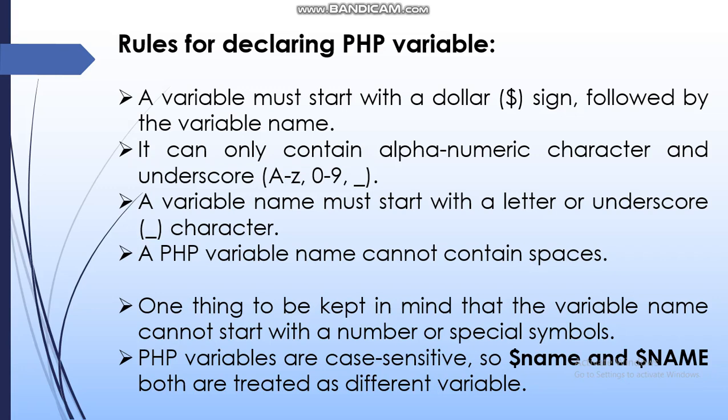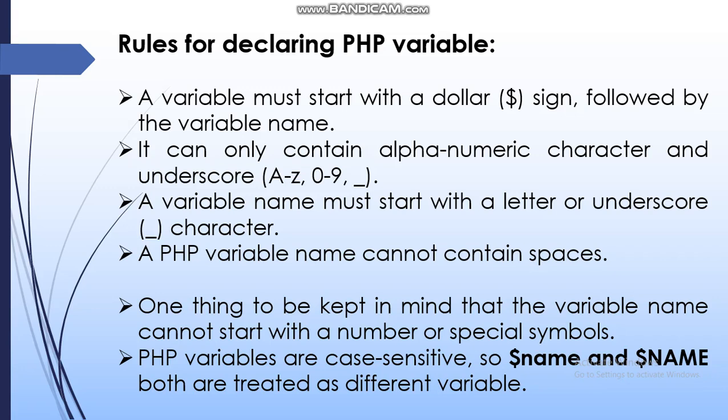And PHP variables are case sensitive, so if we declare variables with the same name, like $name in lowercase and $NAME in uppercase, both are treated as different variables because PHP is case sensitive.